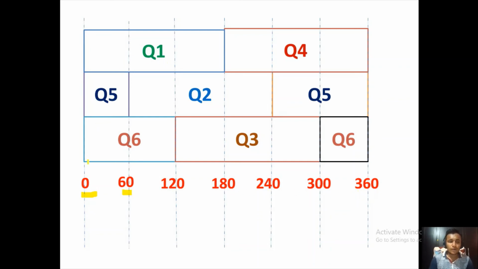In the first mode, that is 0 to 60 degrees of conduction, you can see that Q1, Q5 and Q6 are on. So we can say that in mode 1, thyristors 1, 5 and 6 are on. Okay.